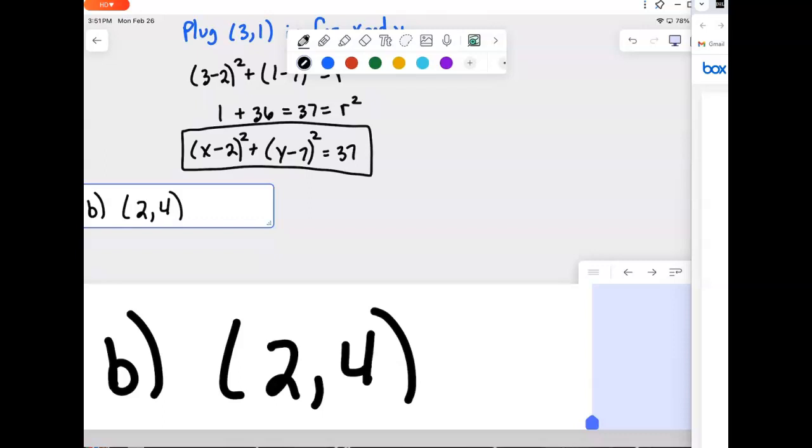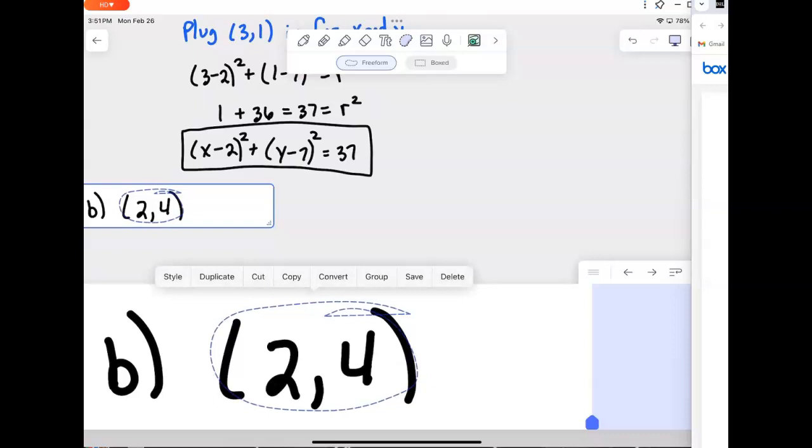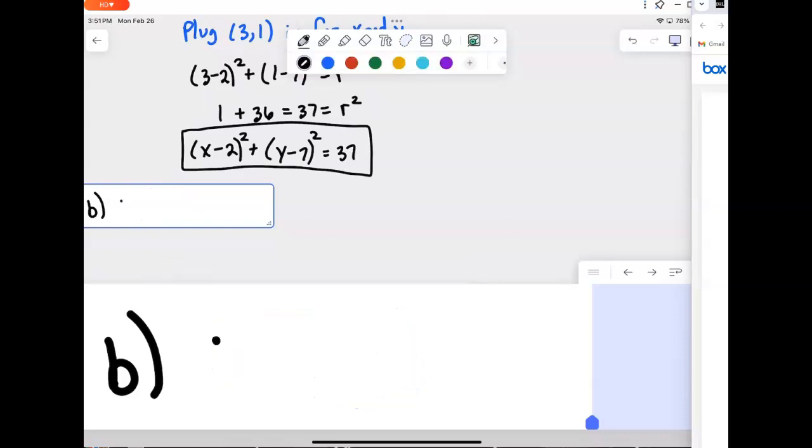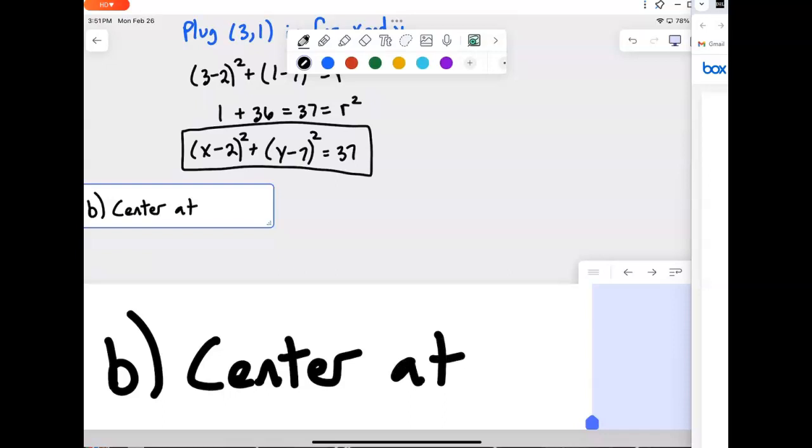So here, this should have said center at 2, 4. Getting ahead of myself again here. So we should say here center at 2, 4.